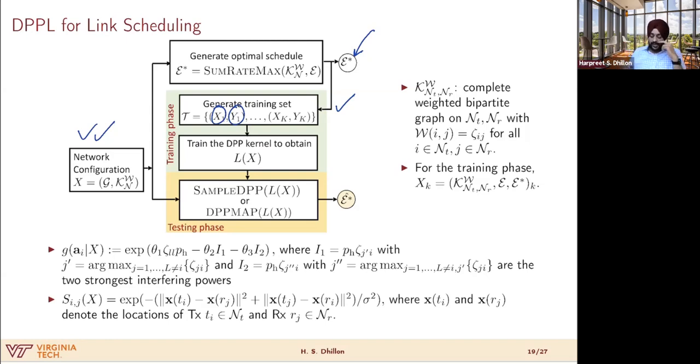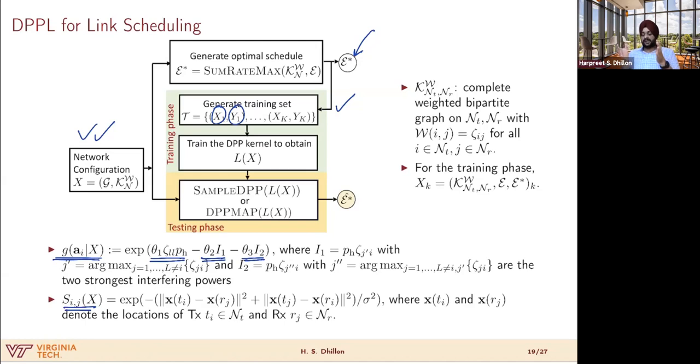And in this case, what we chose was, we defined the quality in terms of your own receive power, or channel gain, I should say. Better channel gains means that link is of high quality. At the same time, we also don't want high interference, so we considered interference from the nearest two nodes. So similarity in this case is defined in terms of the distance.